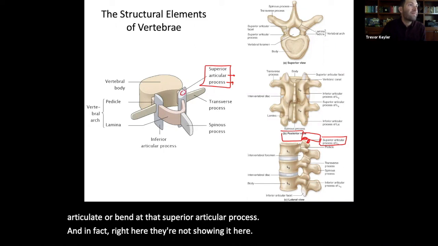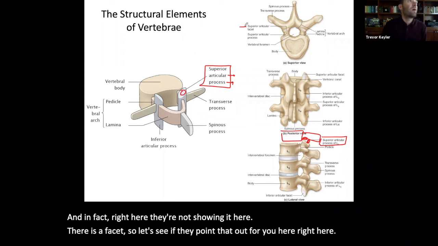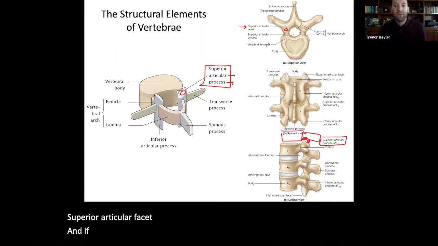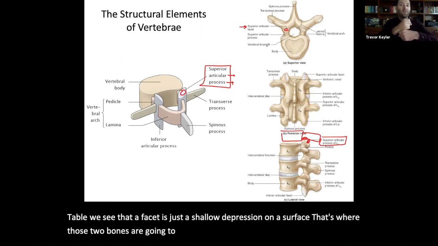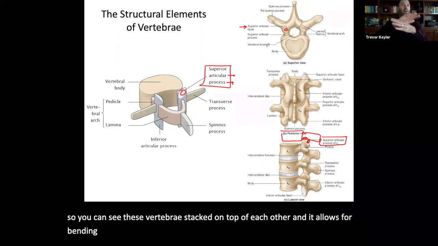There is a facet. So let's see if they point that out for you here, right here. Superior articular facet. And if we flip to our terminology table, we see that a facet is just a shallow depression on a surface. And that's where those two bones are going to come together and articulate. It forms a gliding joint. So you can see these vertebrae stacked one on top of each other, and it allows for bending at that facet where they can glide over one another.